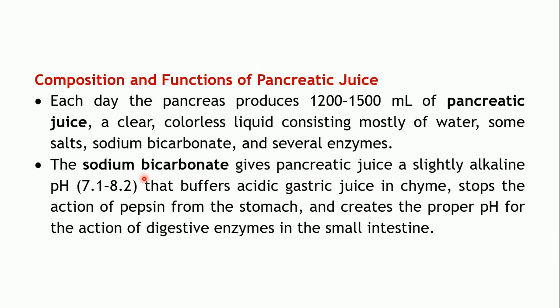In order to buffer the acidic gastric juice which is present in the chyme. As you are all aware, in the stomach mainly acid is secreted, right? So the content coming from the stomach, which is emptied into the duodenum, will obviously be acidic in nature. That chyme will be mixed with the acidic gastric juice, right? So what is the role of the sodium bicarbonate? It will help in buffering this acidic pH of the chyme which is entering the duodenum.